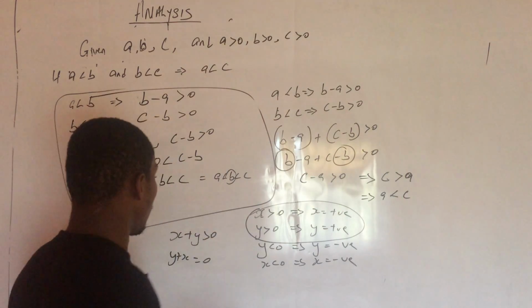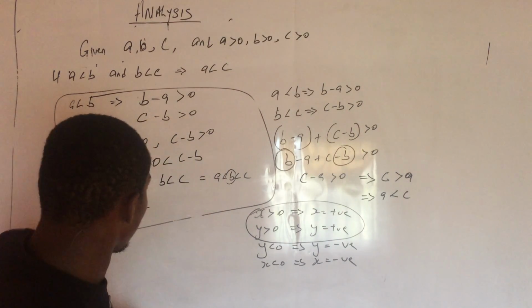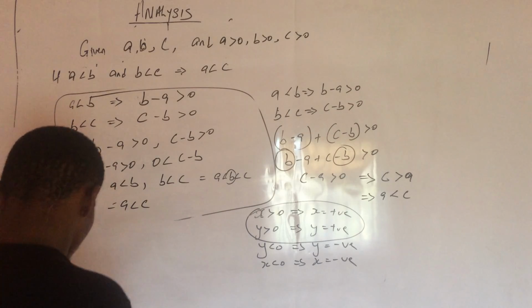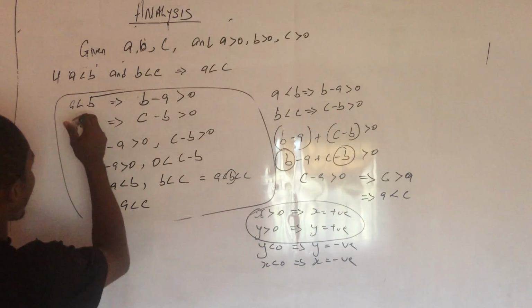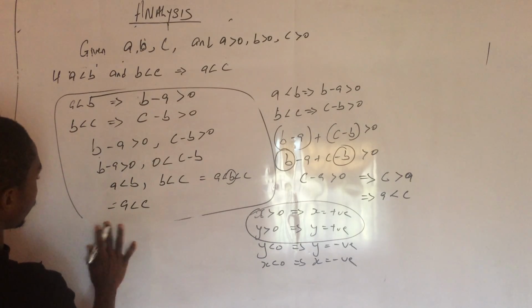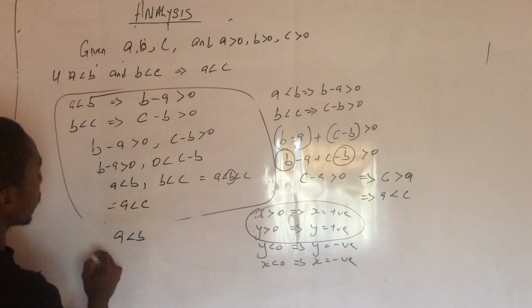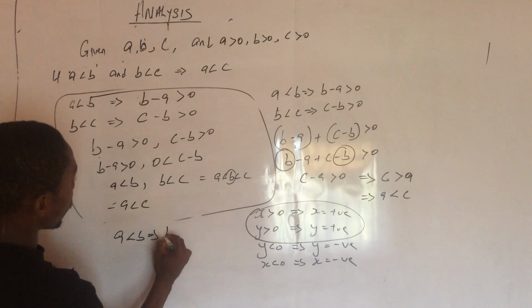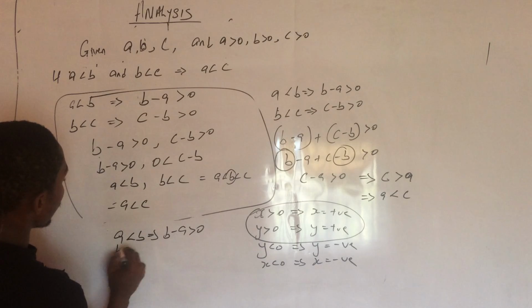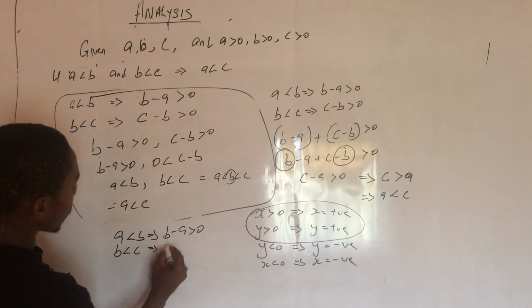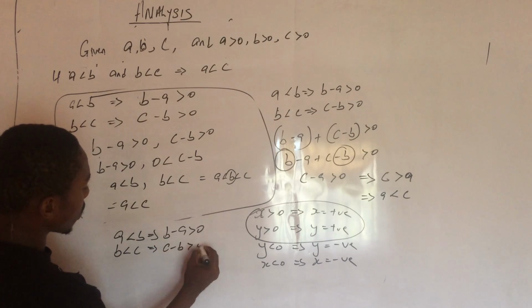Let's try another thing that is going to be tricky here. Let's know if I'm going to get it. I've not done this before. I say from here, A less than B implies that B minus A is greater than 0, and B less than C implies that C minus B is greater than 0.